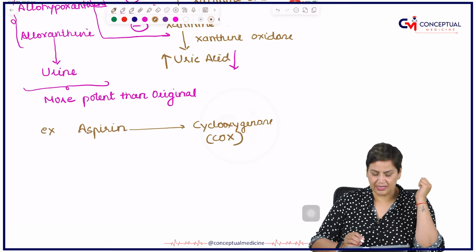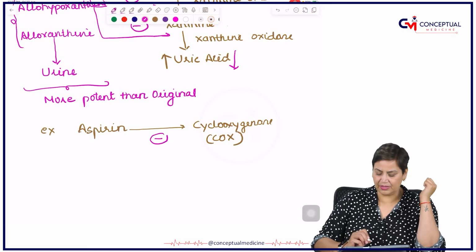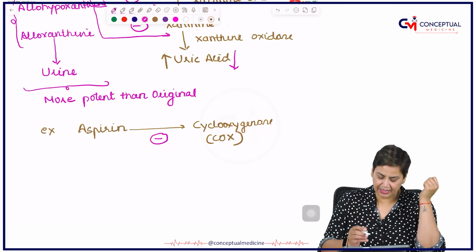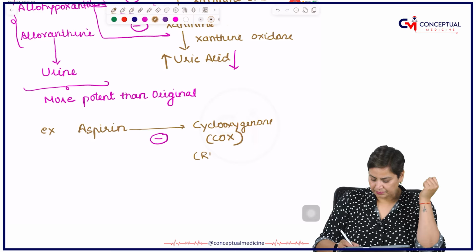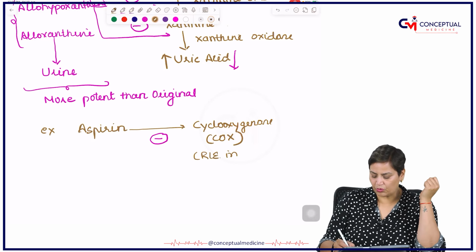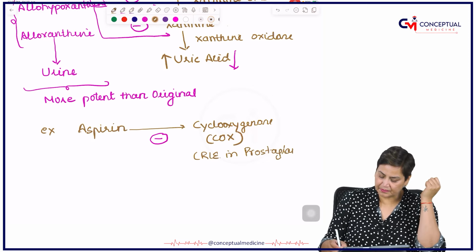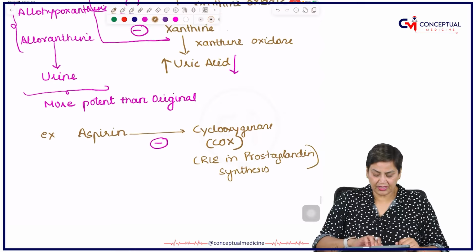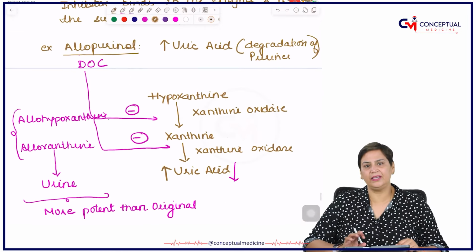All the NSAIDs are inhibitors of COX. We know that COX is a rate limiting enzyme in prostaglandin synthesis. So this is suicide inhibition.